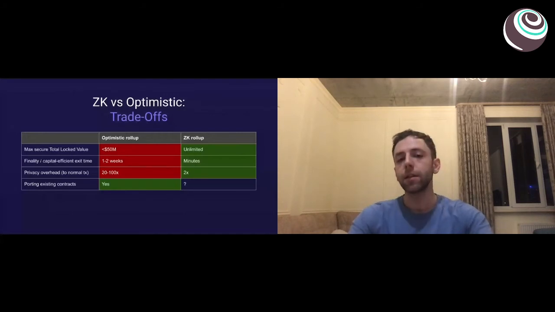The second biggest difference is that the finality in optimistic rollups is 1 or 2 weeks, because you need to allow some period of time for challengers to submit the fraud proofs. And that means you cannot easily withdraw to the mainnet. If you have non-fungible tokens, you actually have to wait 1 or 2 weeks.